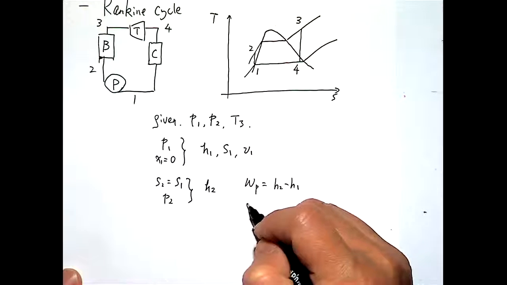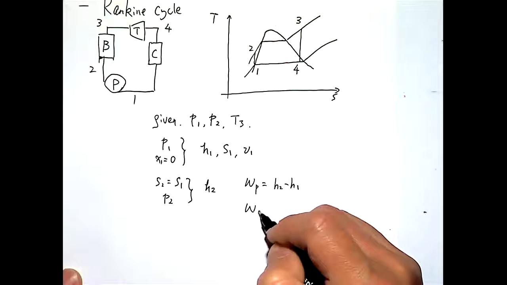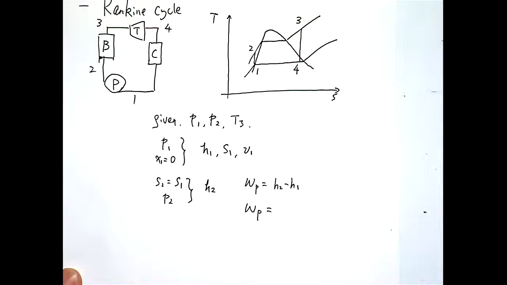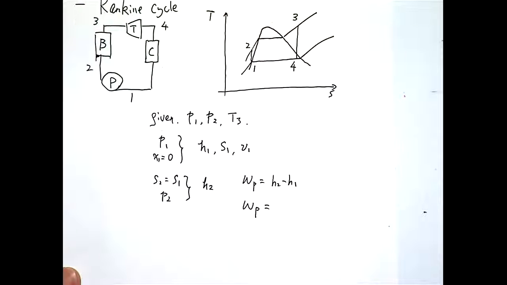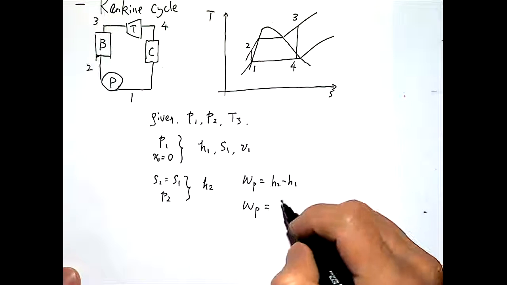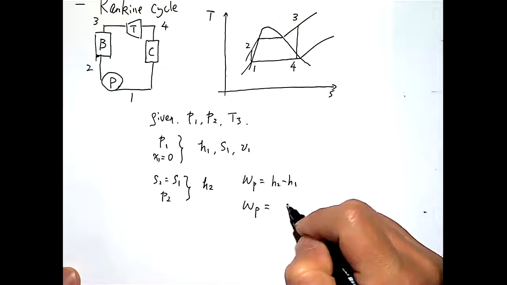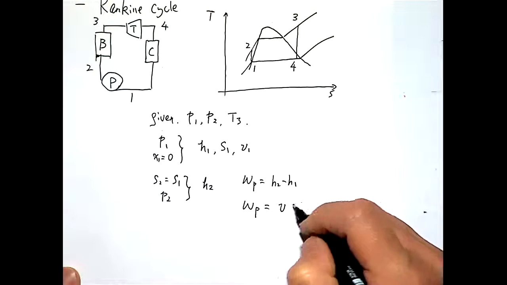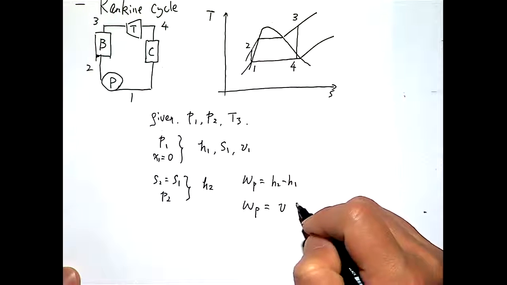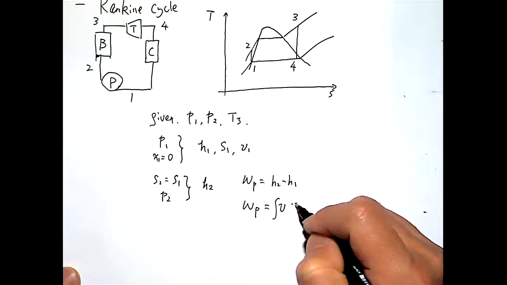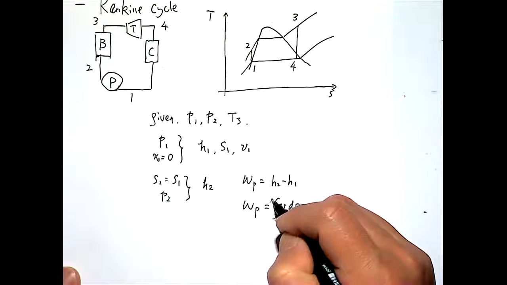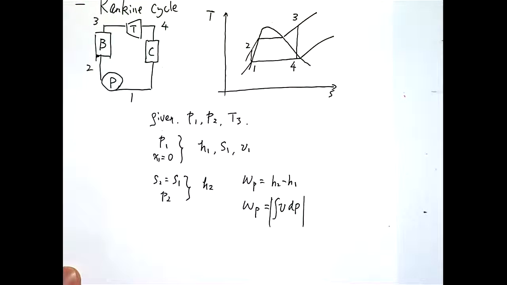Another way, actually, you can also use the relation we derived before for a reversible process involving compression work and turbine work. The work can be written as specific volume times the change in pressure, v dP, absolute value. All right.